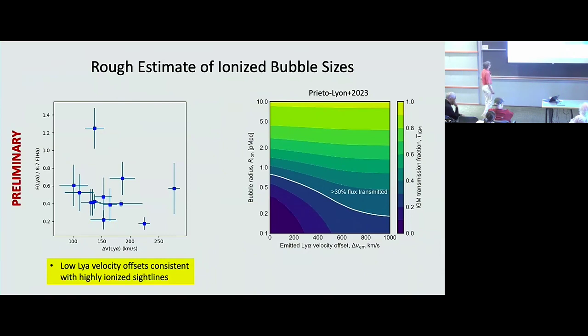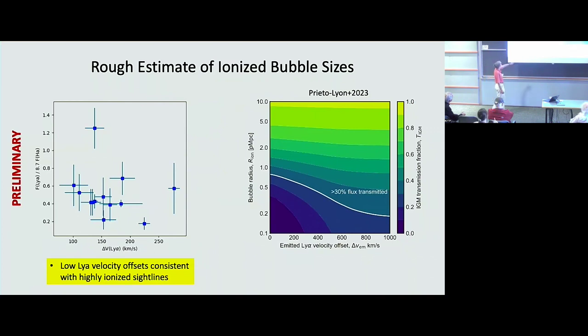On the y-axis, this is marked preliminary for a reason. We're still debating within our own team exactly what the ratio of the Lyman alpha emission to the H alpha emission is here. But these are some preliminary numbers where we've ignored the attenuation of the ISM as a starting point.